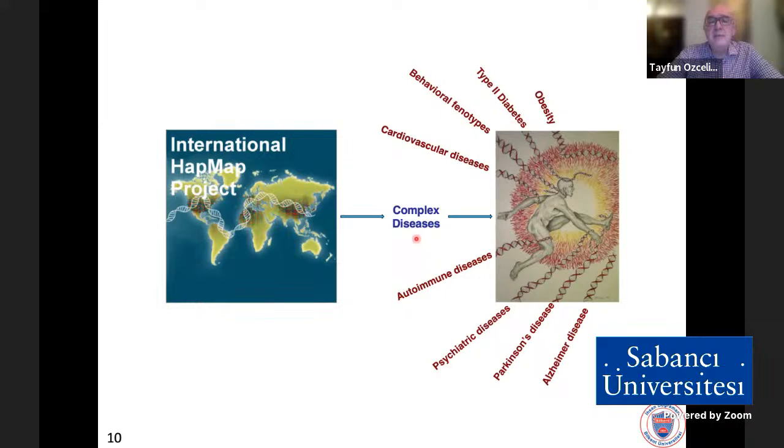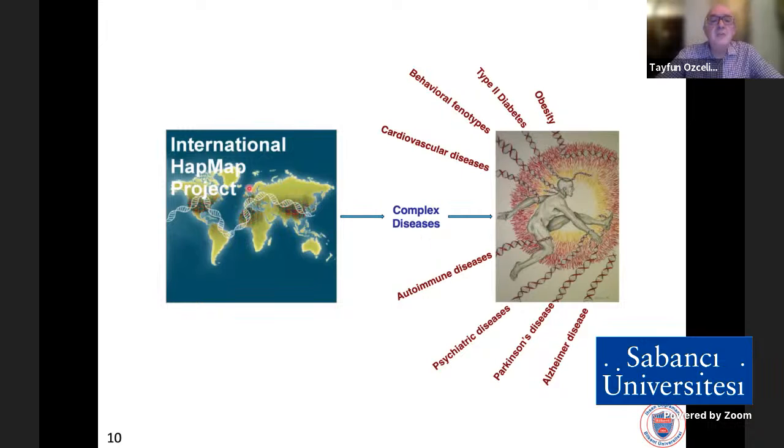By complex diseases, what we mean is that the inheritance pattern is complex. Single gene disorders are also complex as far as the disease is concerned, but their inheritance pattern is so straightforward. This is not the case in complex disorders, so they are resistant to the identification of the associated disease genes.